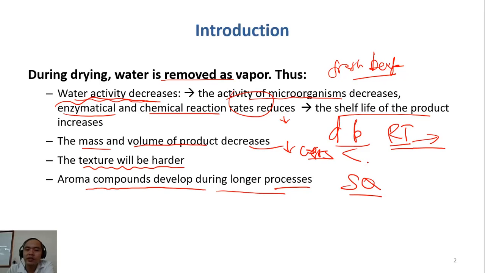So generally, drying will extend the shelf life, reduce the cost of transportation and storage, improve sensorial quality, and diversify products for the market, for the demands of the consumers.